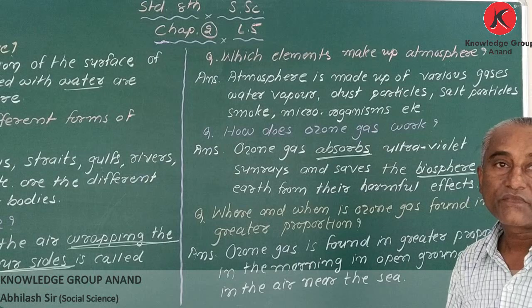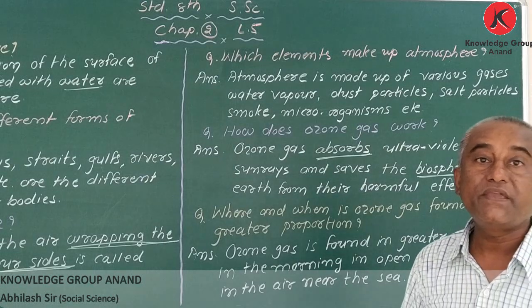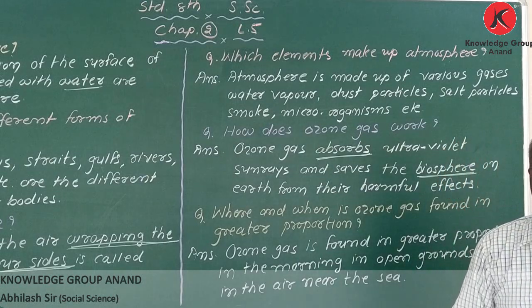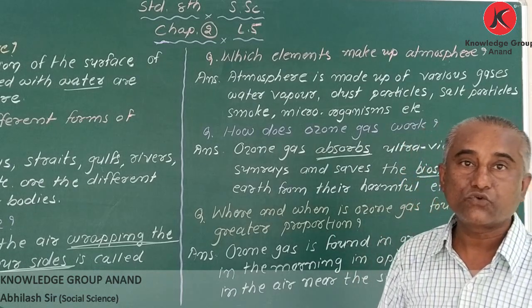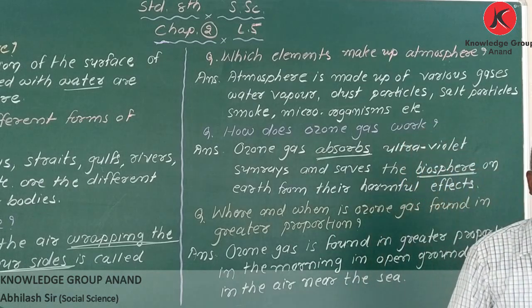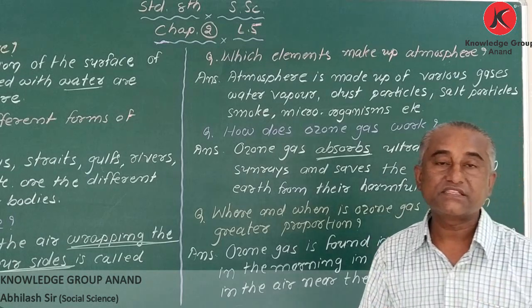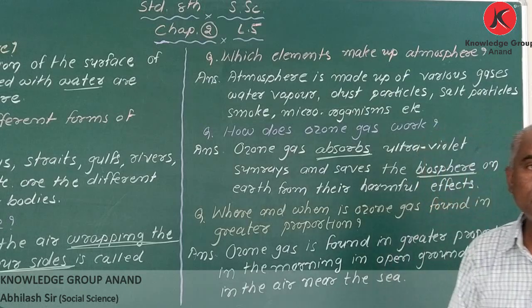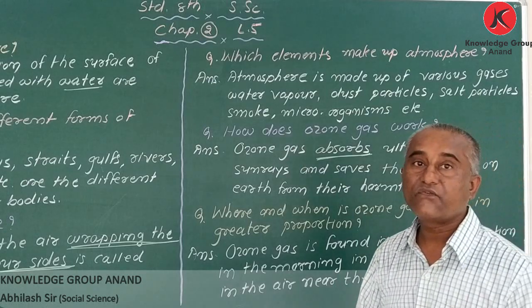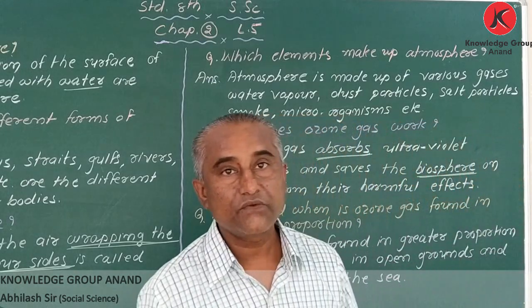My dear student, nowadays there is a big gap in ozone gas. Because of that less ozone gas, we are experiencing much heat. I already said that if we grow more trees, surely we can save.